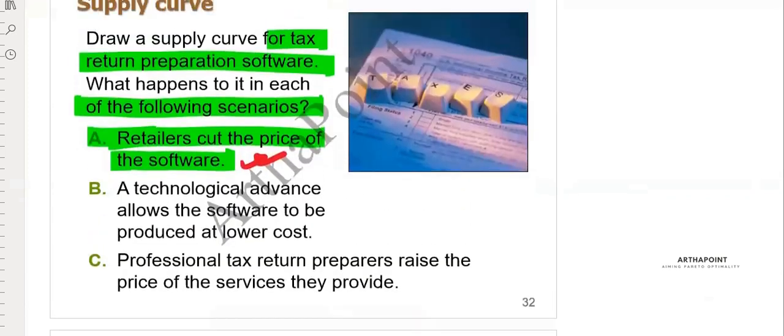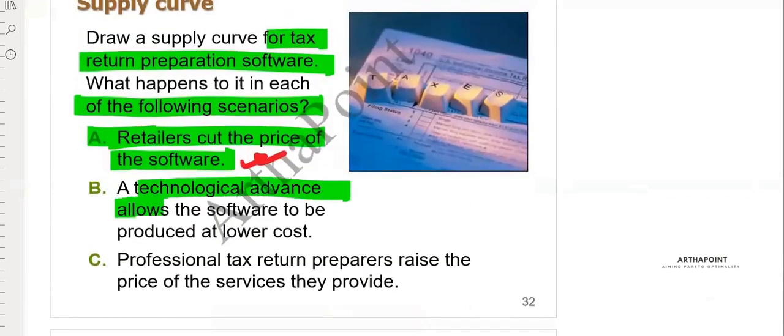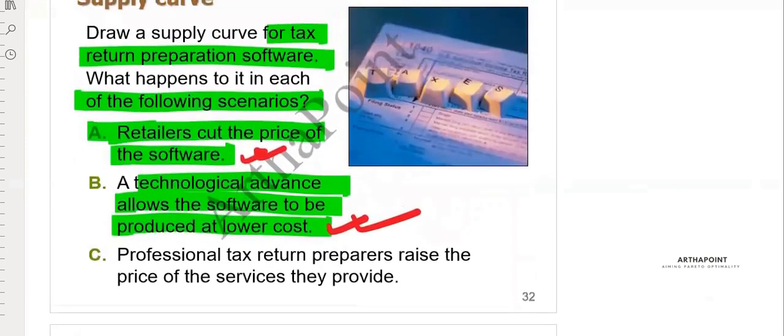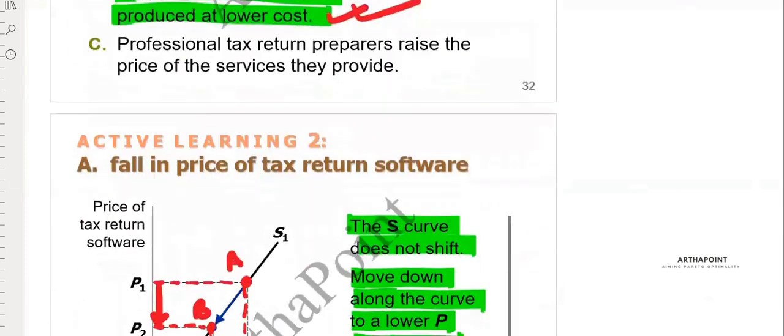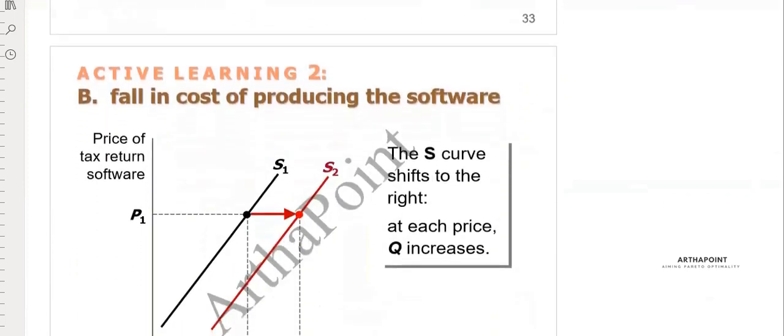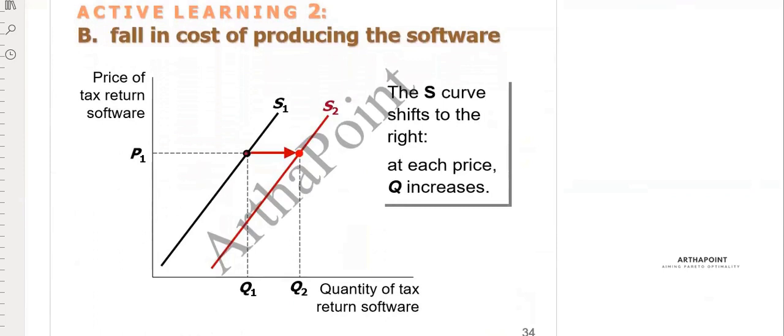Let's take the next question. A technological advancement allows the software to be produced at lower cost. So there is a technological improvement, which means you will be producing it at a lower cost. Still, you will be selling it at a higher price, so you will get more margins and your supply is going to increase.